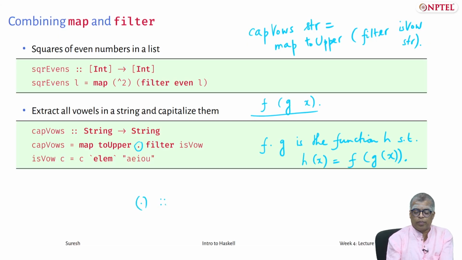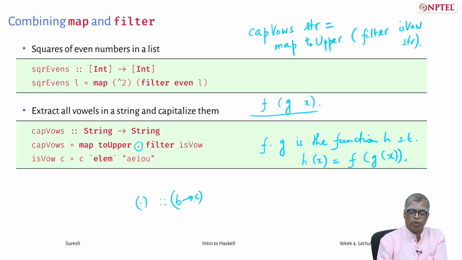If you think of it as an operator, your right hand side function takes a to b, the left hand side function takes b to c, and overall you have a function from a to c. That's what composition does.